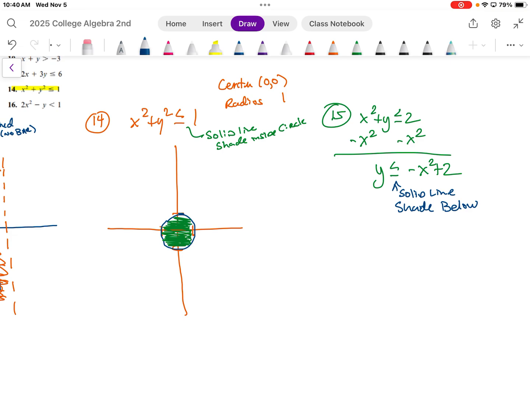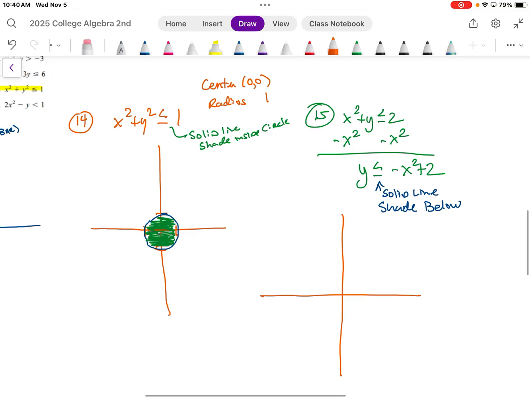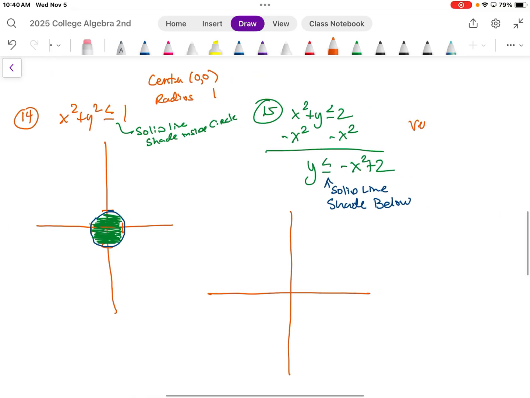So as I draw my picture, what's the vertex of my parabola? It'd be 0, 2. Yes. And how does this thing open? Downward, because the x squared is negative.